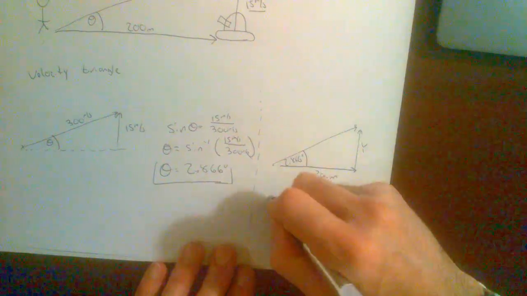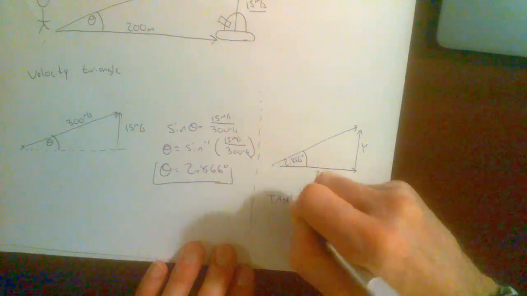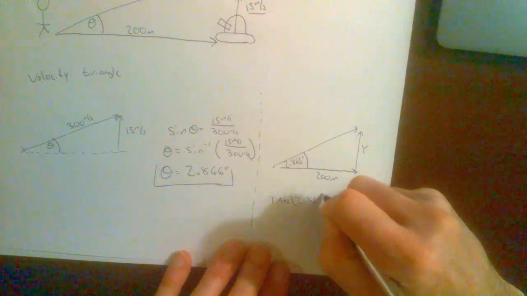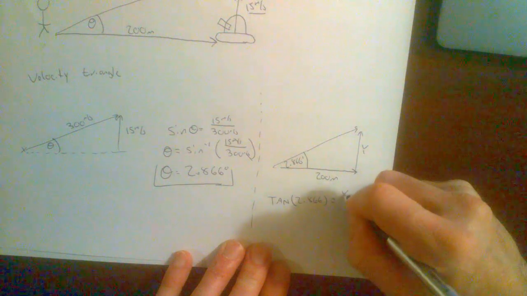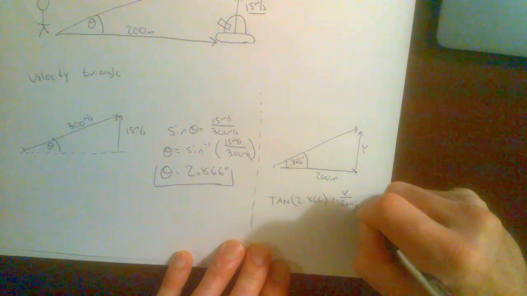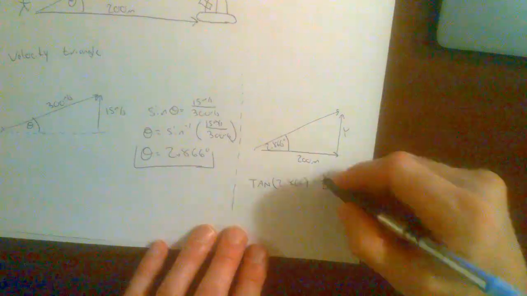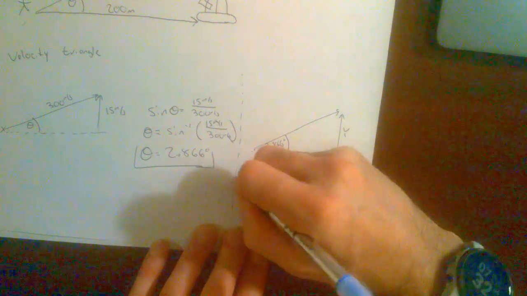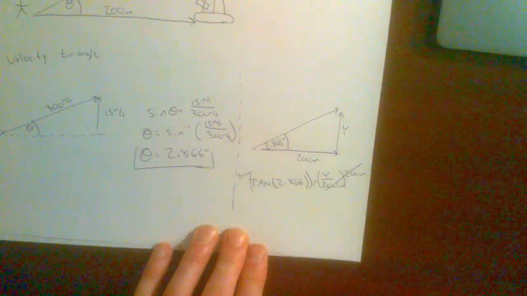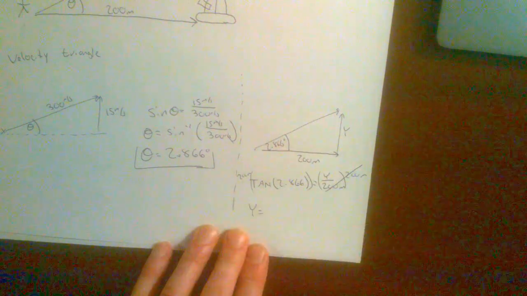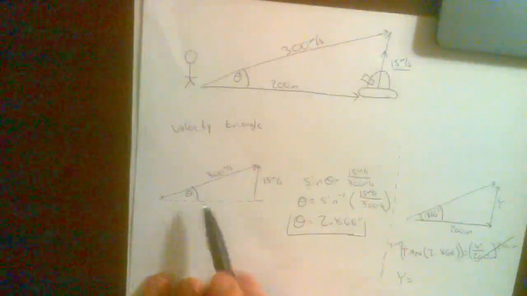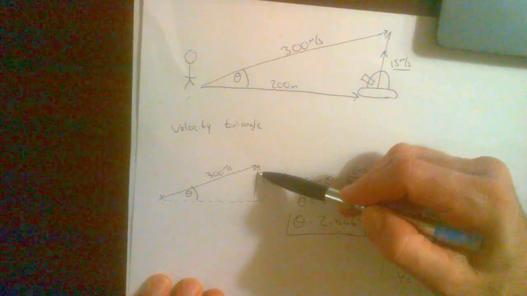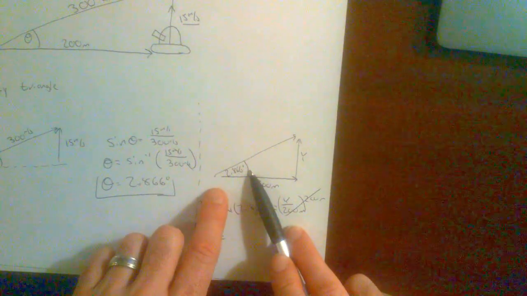I choose my favorite function again, and I say the tangent, well, I guess my different favorite function, of my angle, 2.866 degrees, is equal to opposite y divided by adjacent 200 meters. I multiply both sides by my 200 meters. That cancels out. And then I know my distance that the tank will travel if I fire a bullet at 300 meters per second while the tank is traveling at 15 meters per second at that exact same angle.